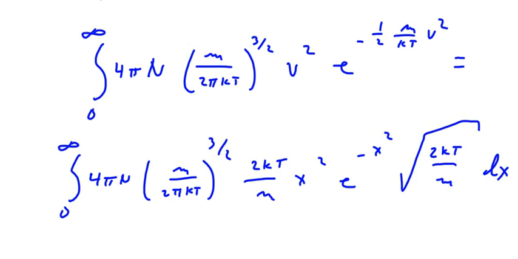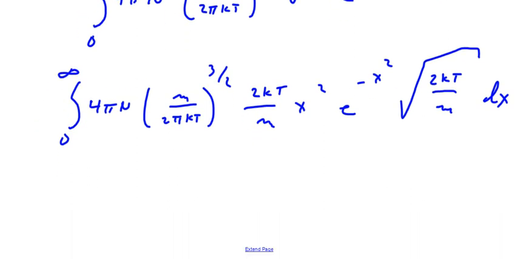Okay, so I took the original equation, I did my change of variable, and now I have something that's even worse looking. Isn't that lovely? Well, I noticed that most of those things are constants. So if we bring out the constants, we have a 4 pi N.